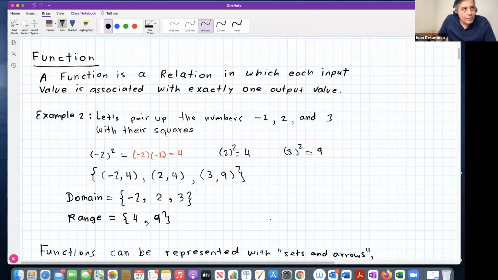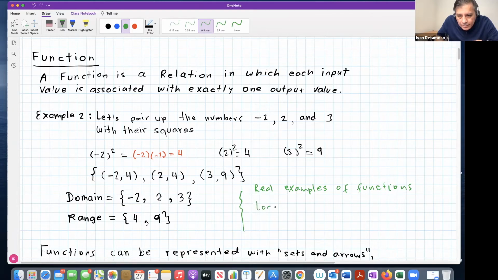Another real example, besides location being a function of time, maybe we should write here, real examples of functions for you to have something in your mind. Location is a function of time. This is one example.